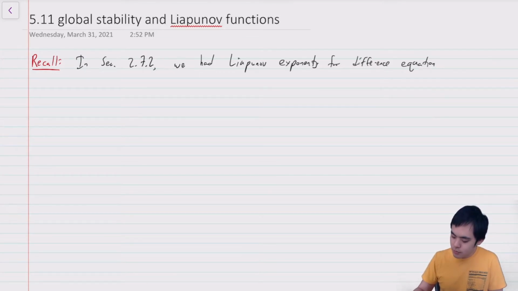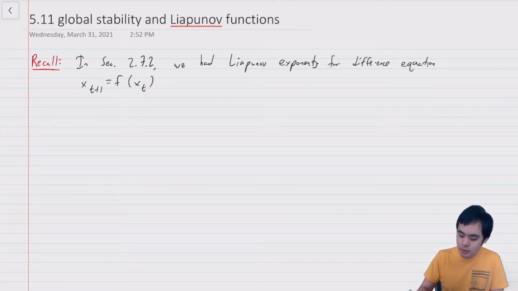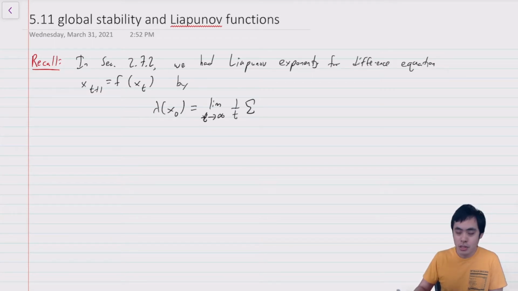Let's say a specific first order difference equation x_{t+1} is equal to some function f of x_t, and that was defined by lambda of x_0, where x_0 is your starting point, is equal to the limit as t goes to infinity of 1 over t times the average of the first derivatives along the trajectory, along the discrete trajectory that we had from our difference equation.